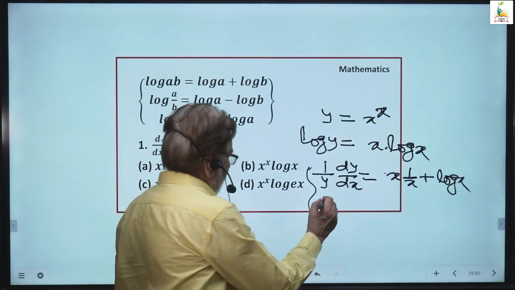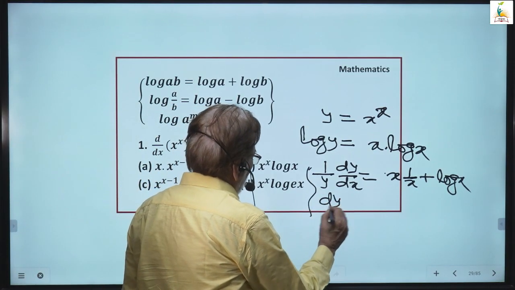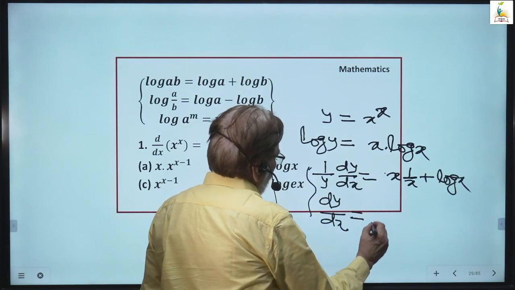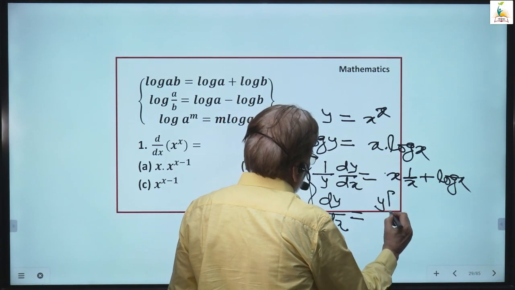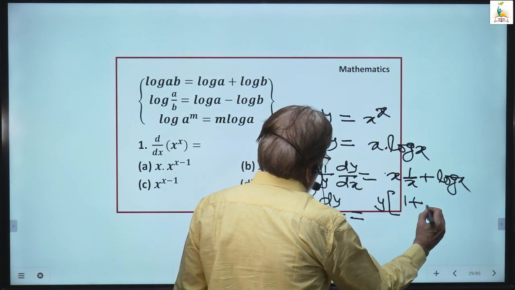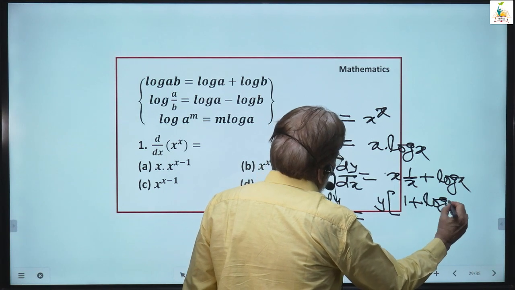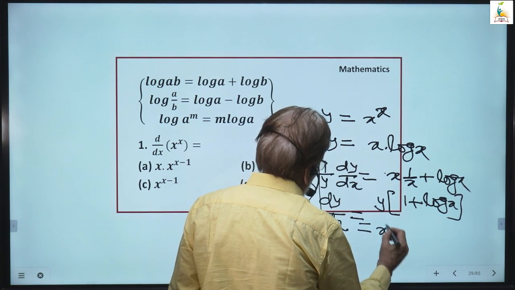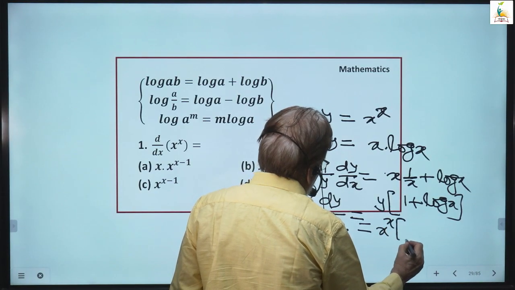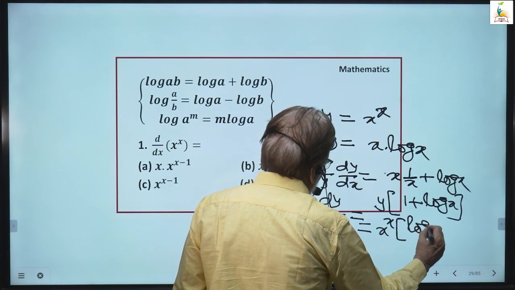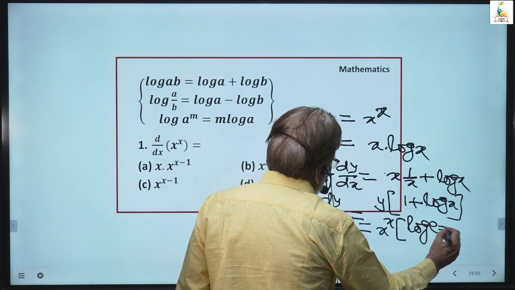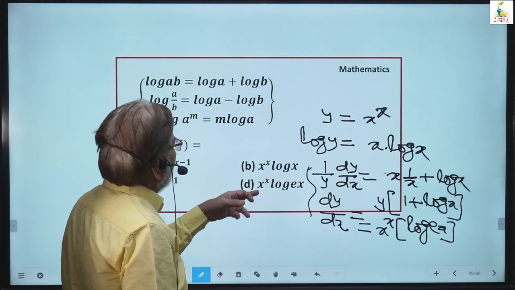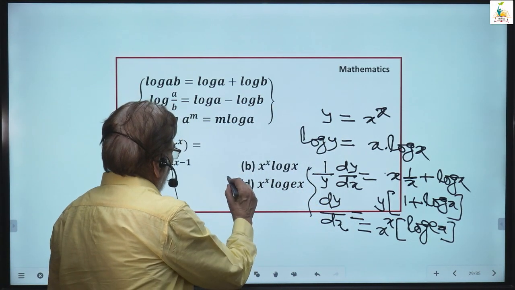So, dy upon dx shall be equal to y into (1 plus log x). So, this is equal to x raised to x log of ex, whatever you like according to the answer.